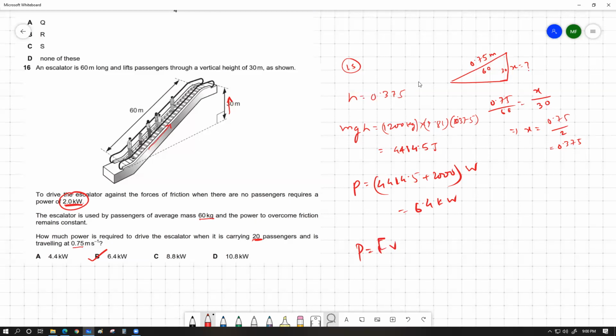Because the question says that the lift should be going up at a constant speed of 0.75. So if you want, we can also use this, but we cannot directly use 0.75 for our requirement. We have to find out how much 0.75 meter per second in this direction would mean in this direction. I did the math over here.